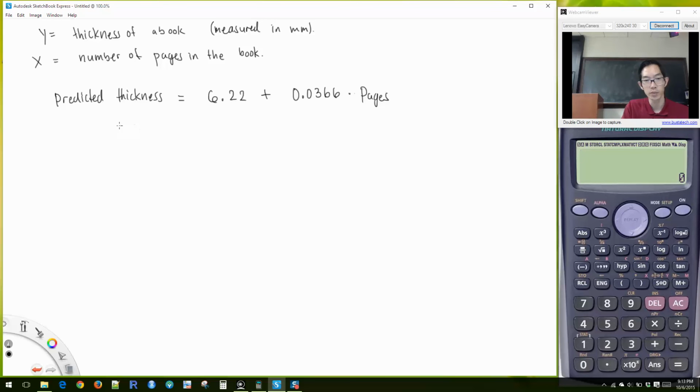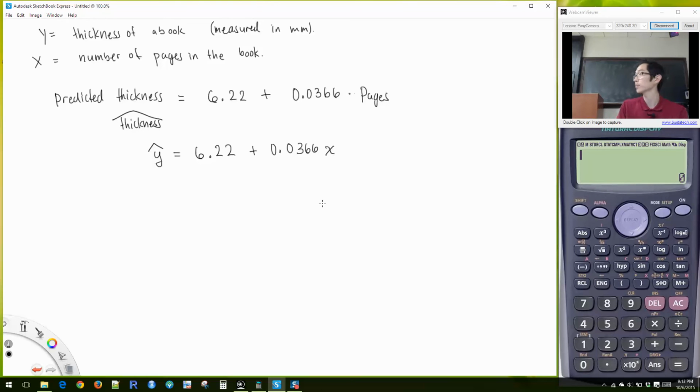Or another way, we could also write predicted thickness by putting a big hat over the word thickness. Or you might also just see it written this way, y hat equal to 6.22 plus 0.0366x. So all of these are ways to say the same thing, okay?